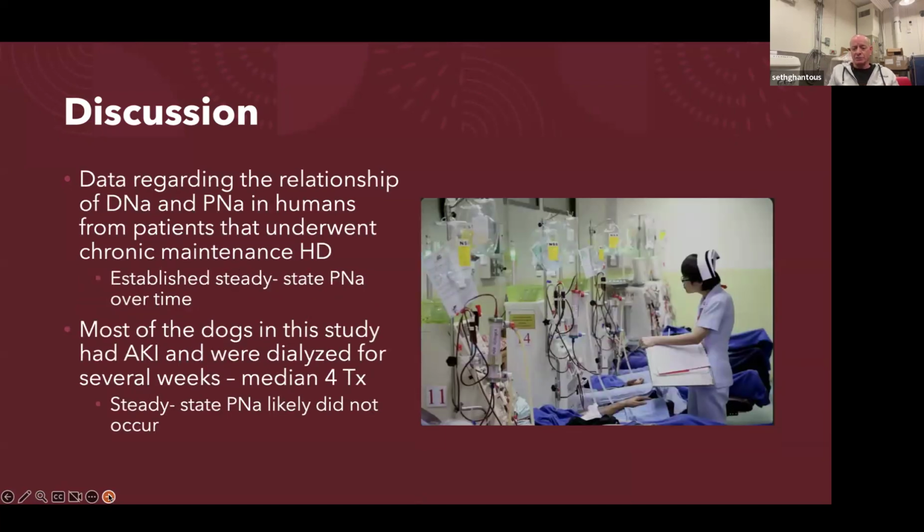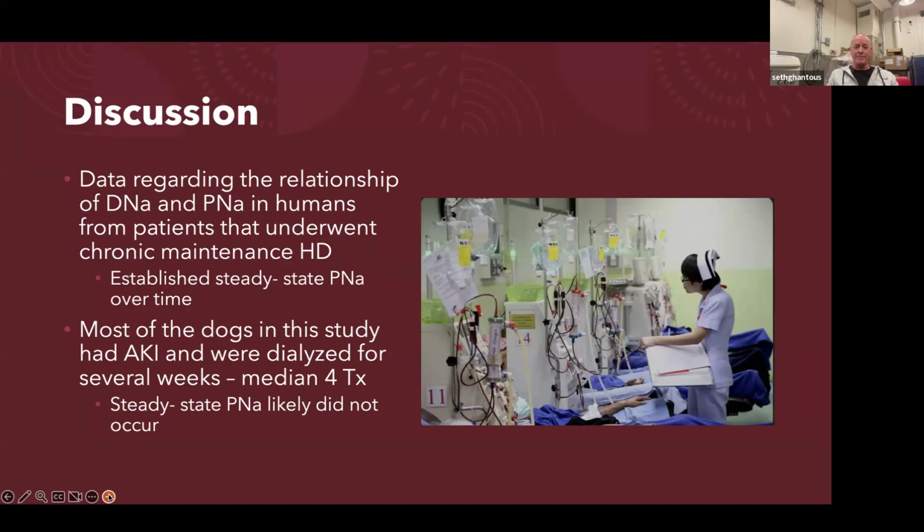Another population difference is that the data regarding the relationships of dialysis sodium and plasma sodium in humans are from patients undergoing chronic maintenance hemodialysis. They had probably been doing it for months, which allowed them to establish a steady state plasma sodium over that time period, whereas the dogs that we dialyze very infrequently get chronic therapy.